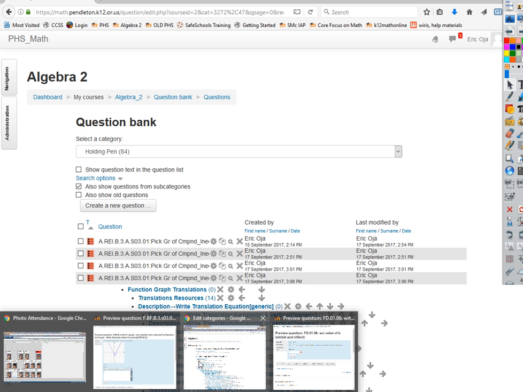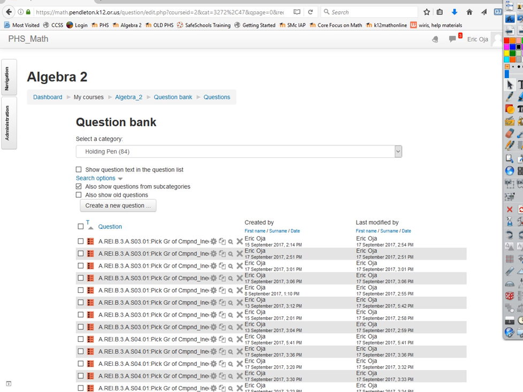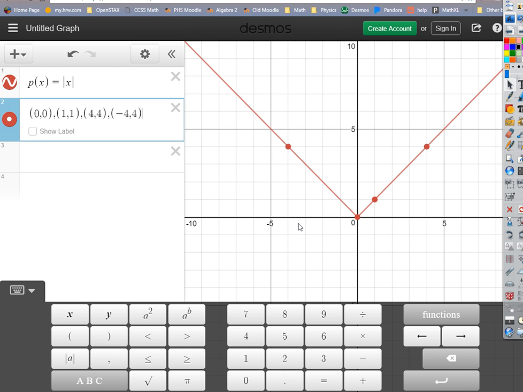Okay, so if I look at this graph right here, does everybody agree there's our absolute value function, right? And it goes through, like we said, the points over 1, up 1, over 4, up 4, back 4, up 4.